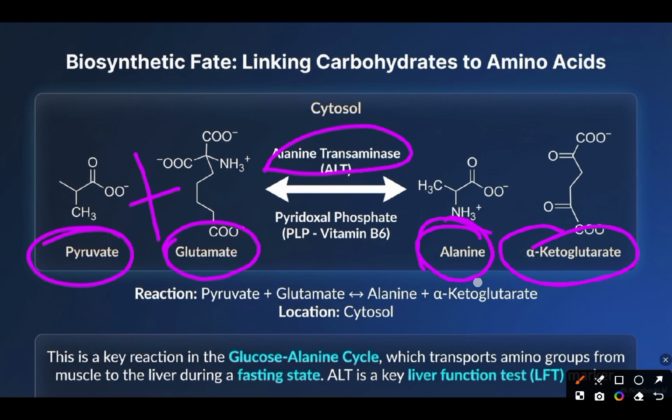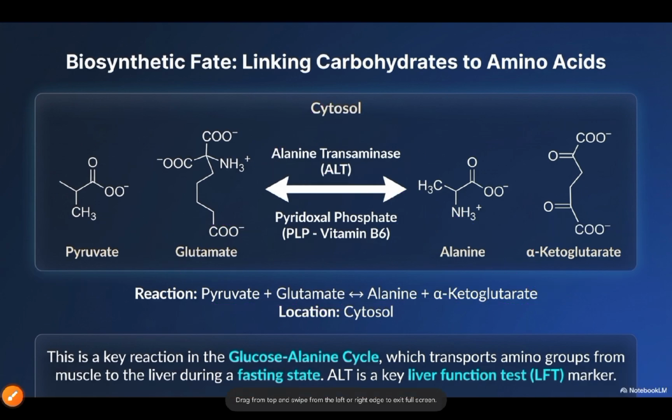This alanine is used depending on what the body needs at that moment, and this alpha ketoglutarate can go into the Krebs cycle and continue the production of NADH and FADH2 that will enter the mitochondria to produce energy. So the equation you have to take home is pyruvate reacts with glutamate to form alanine plus alpha ketoglutarate in the presence of an enzyme known as alanine transaminase.